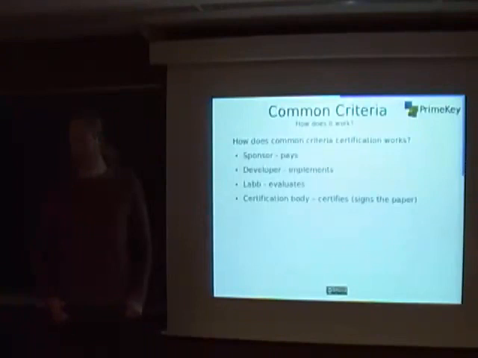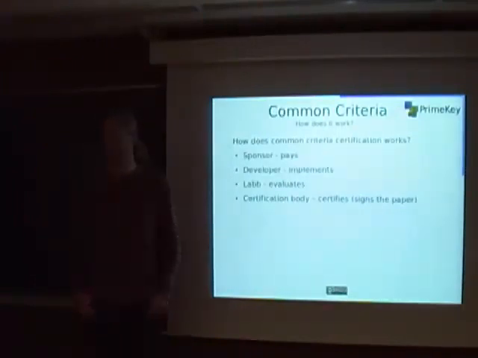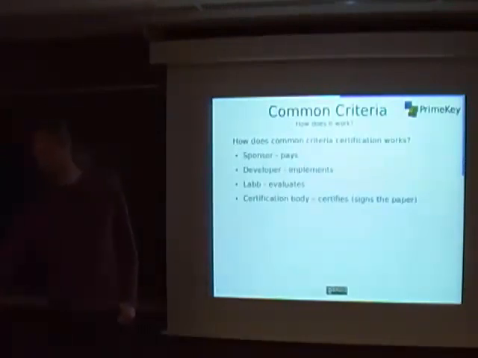One is the sponsor, who actually pays for it. One is the developer, who implements the software. And the third is the lab, who does the evaluation. And the final one is the certification body, who actually issues the certificate. That means they sign the nice paper that says that this software is common criteria certified. So those are the four actors in a certification.